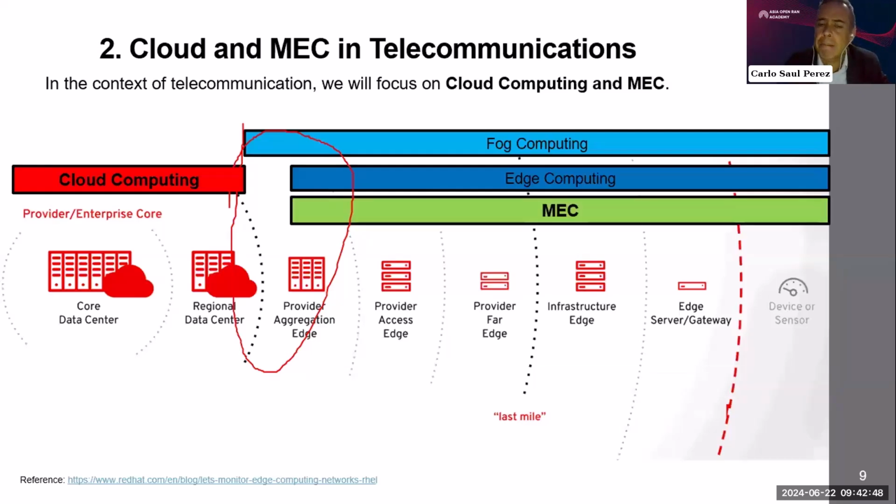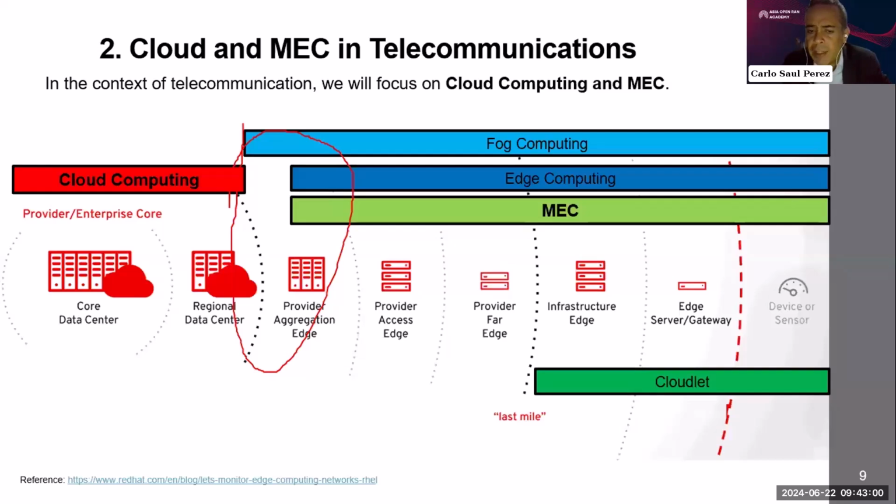And we have MEC, which is more or less like the edge computing mentioned by Mr. Raymond, but focused on telecommunications and defined by the ETSI specification. And also here we have the cloudlet, the capacity of processing information in a company, in an office, or in a university, limited to this geographical area.